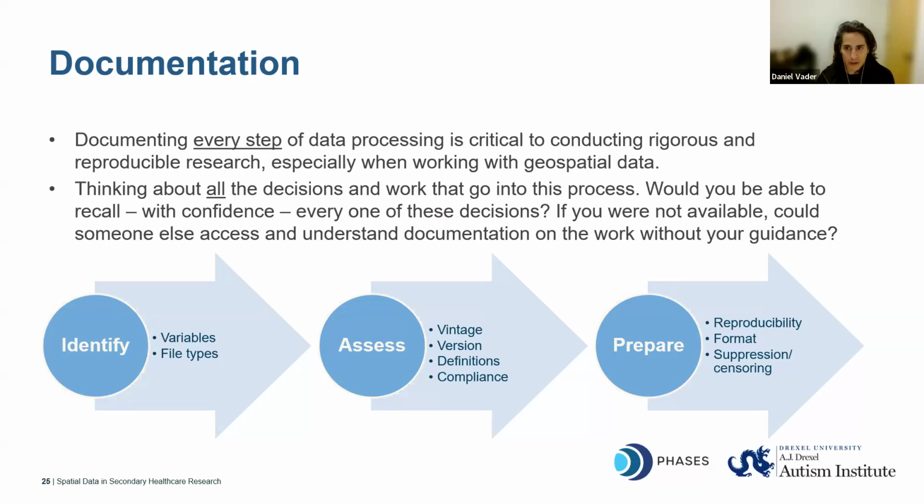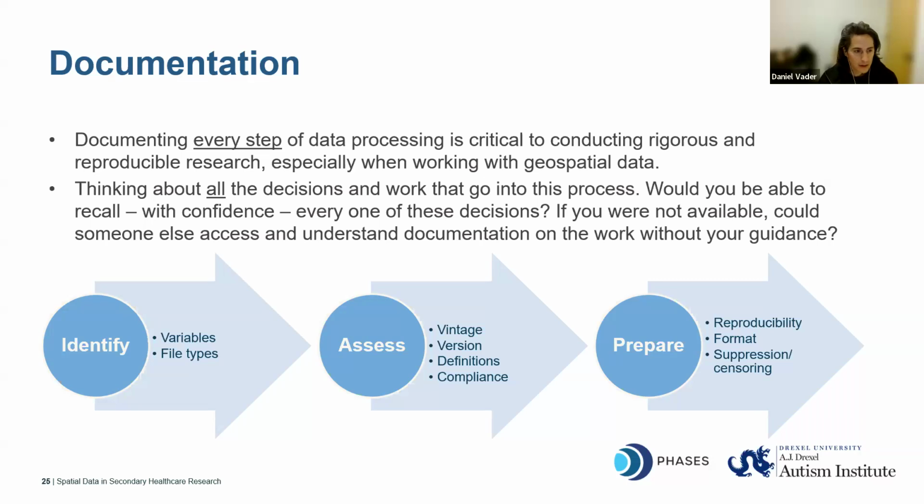Or even if there is someone on your team who could remember all of that with clarity and confidence, they might not be with your team forever. So you want to have that written down somewhere so that your work can be reproduced. And again, if the person who knows this wasn't available, would someone else be able to go in, look at the documentation that's available and figure out what happened without direct guidance from the person who wrote that documentation?